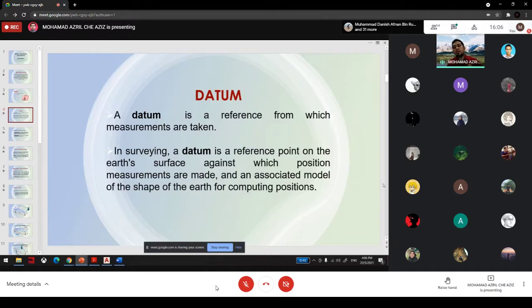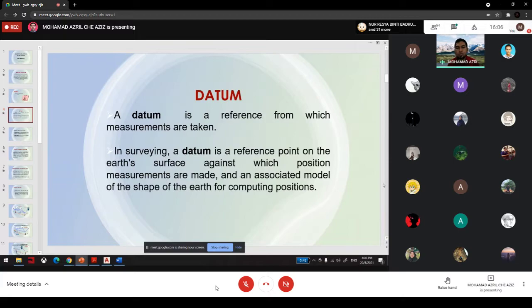So meaning you have a datum, and from the datum you can do the computation, the calculation, in order to identify the other's position, the other's coordinate.